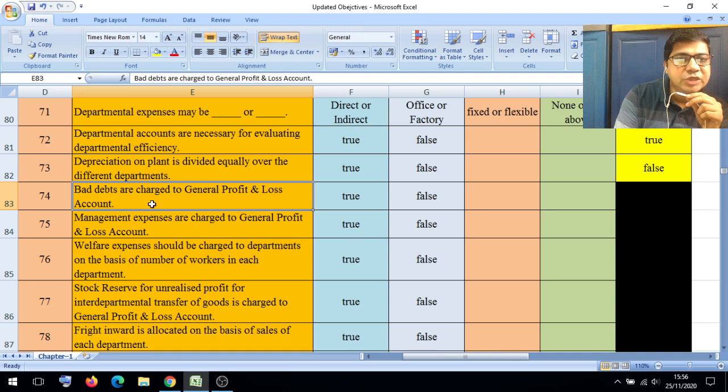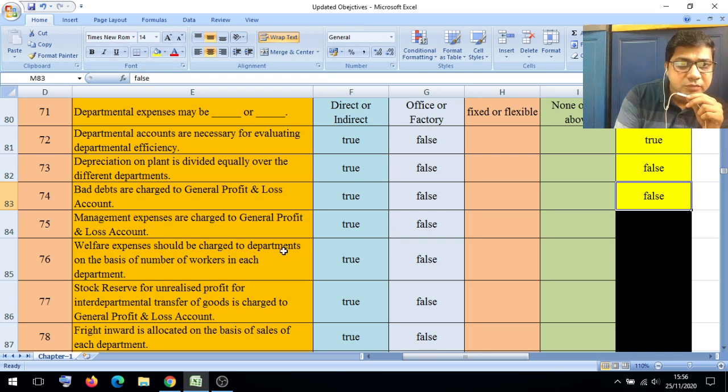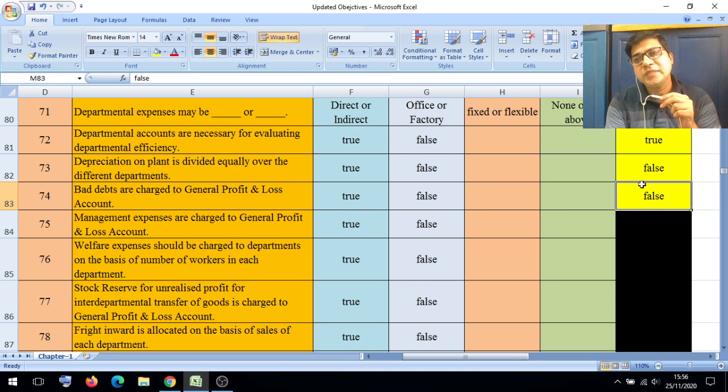Bad debts are charged to general profit and loss account. Yes, it is true. But we have to put it as false, because bad debts are expenses related to the sales. Some accounting experts say that it is not related to the sales expenses, and therefore it is transferred to general profit and loss account.